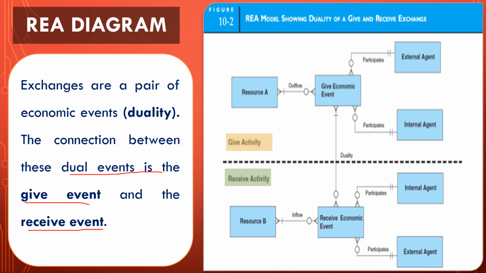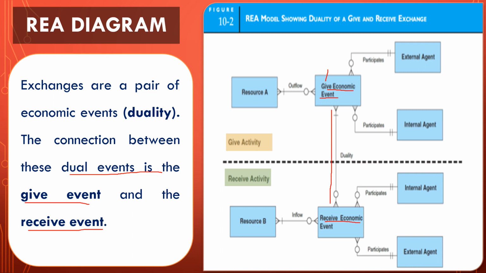So in the diagram on the right side of the slide, you can see the upper side is about giving activities, whereas the lower side is receiving activities, if you notice here, and both are connected.